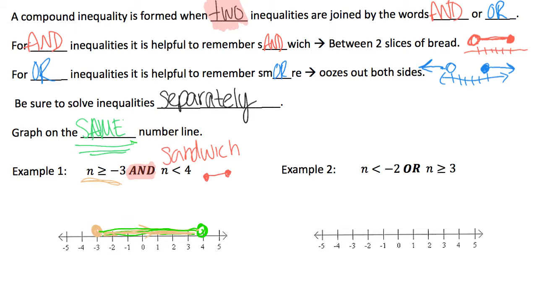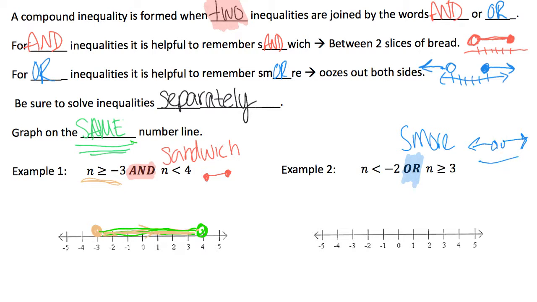Looking at the next one, it's an or. So we think about a s'more, and that's when it oozes away from the graham crackers. It oozes away from the center.